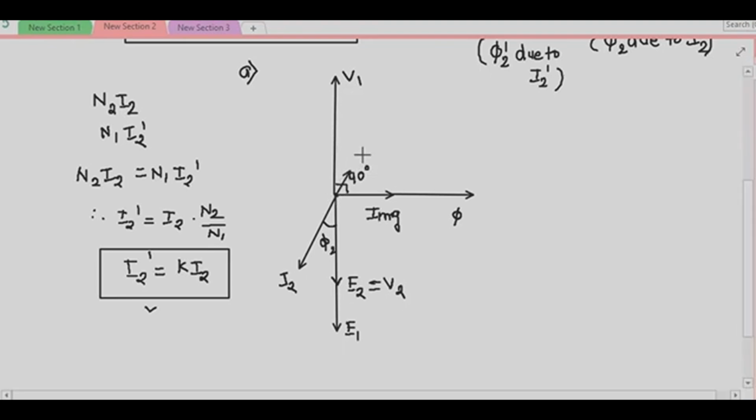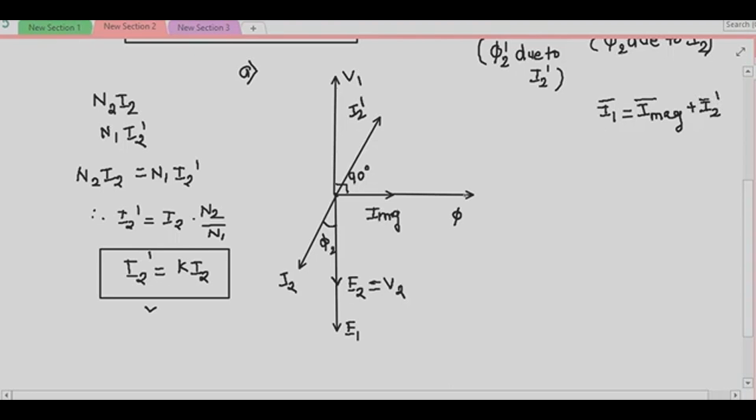So I will draw I2 here, and in phase opposition to it, this is your I2 dash. What is I2 dash? It is nothing but the load component of the primary current. Now there are two currents in the primary. So the current in the primary, let it be I1. It is nothing but the vector sum of your I magnetizing and I2 dash.